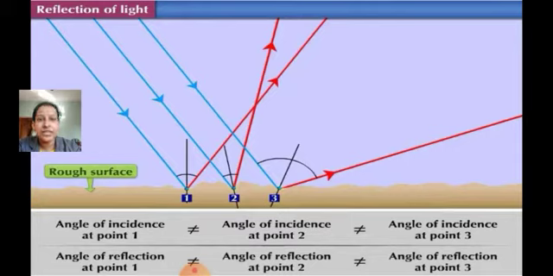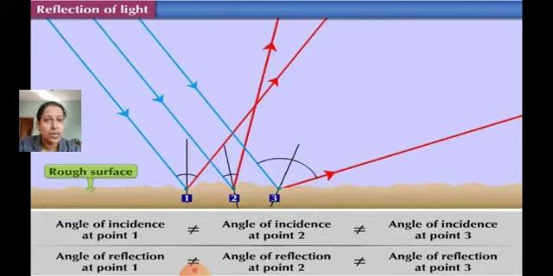Because of this, we can say that the angle of incidence at point 1 will not be equal to the angle of incidence at point 2, or point 3, though the rays of light are parallel to each other.